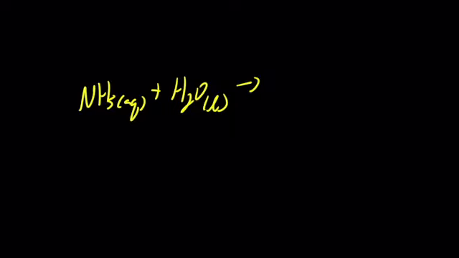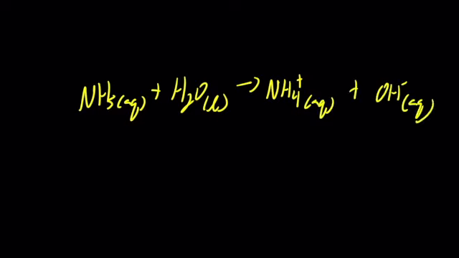It turns out that our water molecule ends up being the proton donor, and our NH3 ends up being the proton acceptor. And as a result, we get NH4+ and OH-. And in the Bronsted-Lowry equation, the proton donors and acceptors tend to always occur together.